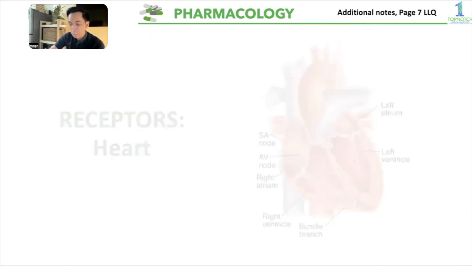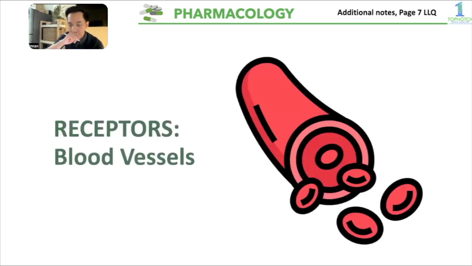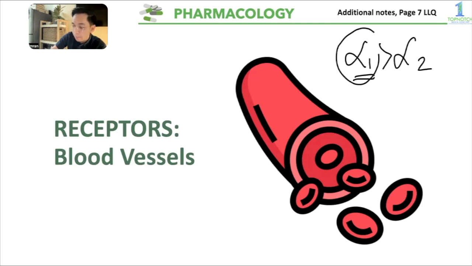Okay, next, your blood vessels naman. We have blood vessels in the skin and the splanchnic area. Splanchnic yung dito sa tiyan natin, no? They are primarily innervated by your alpha receptors, primarily alpha 1 more than the alpha 2 receptors. So mas madaming alpha 1.